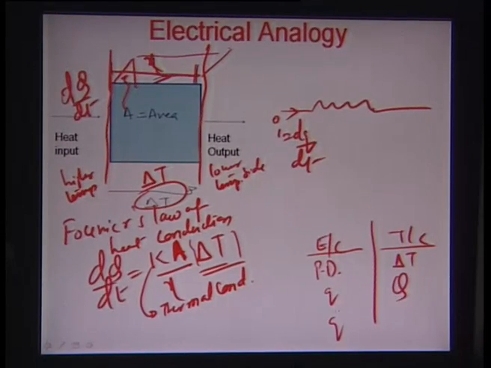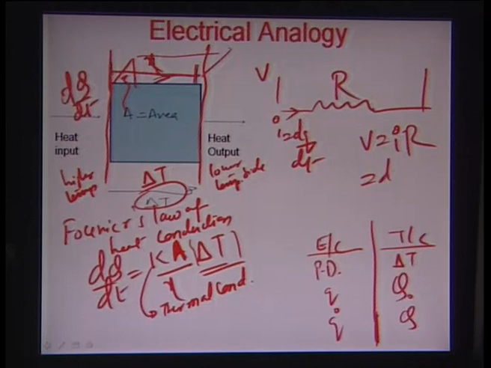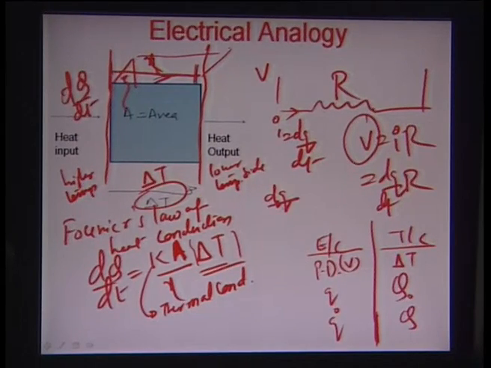So essentially Q dot in the electrical circuit is equivalent to the heat flow rate Q dot, dq by dt, in the thermal circuit. And as we know here, the potential difference V can be equated to I times R, that is dq by dt times R. So since the potential difference is also equivalent to our delta T here, therefore dq by dt, or I, is V by R.